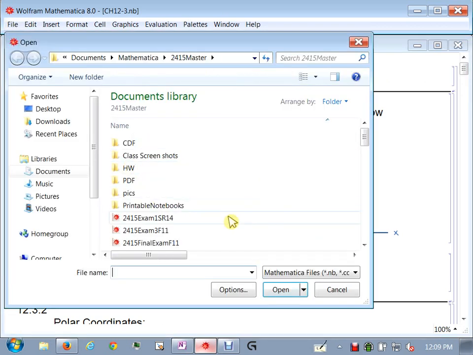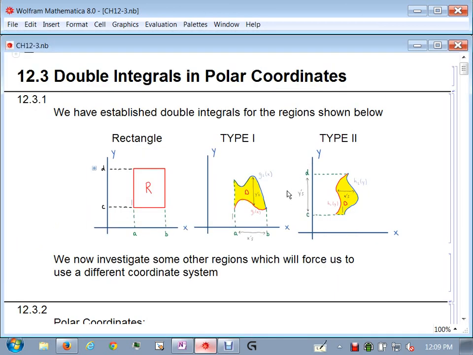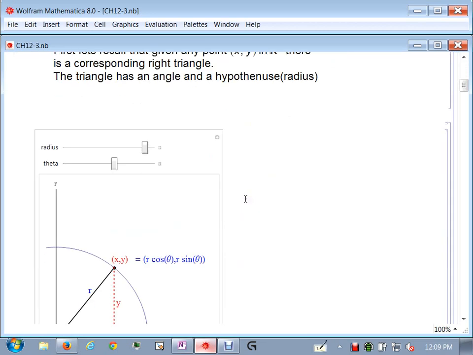Almost. All right, well, I can show you that. That's probably good enough. But you can almost see that what we have right here is what we're talking about right now: an area between two curves.